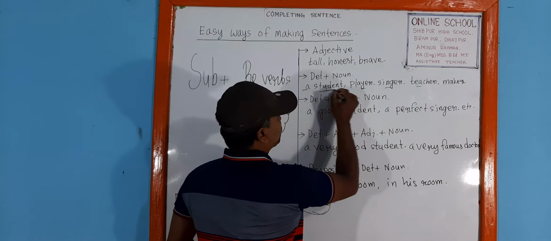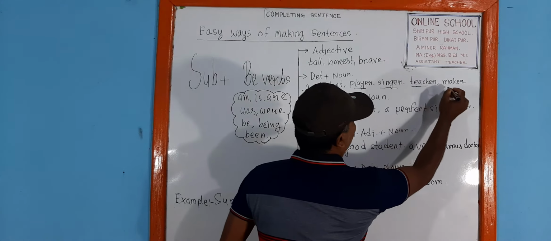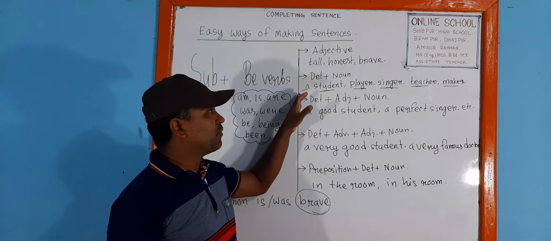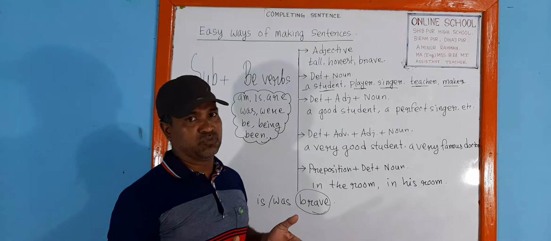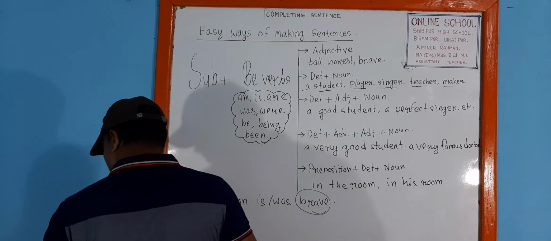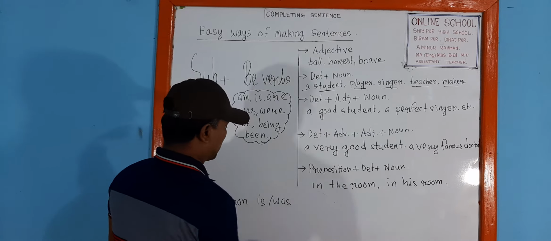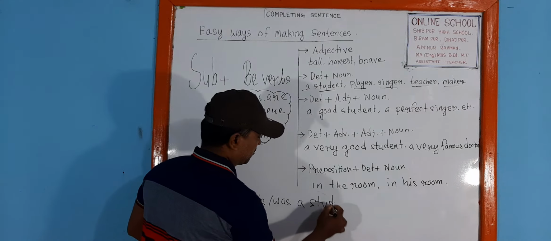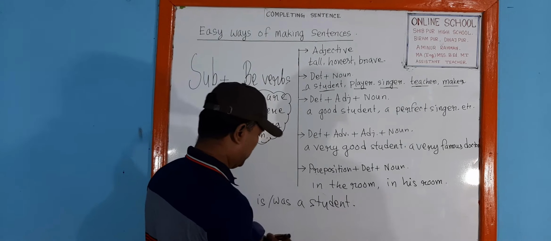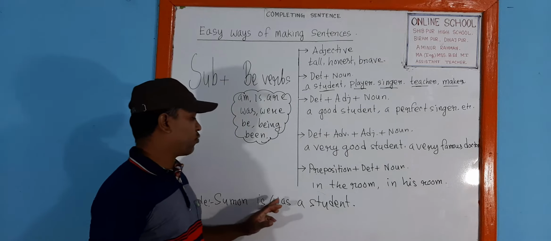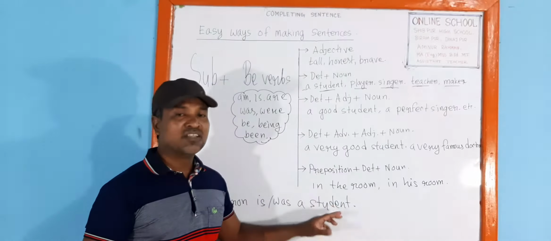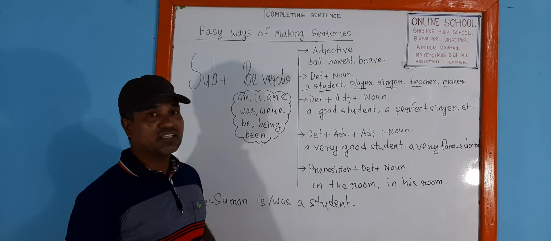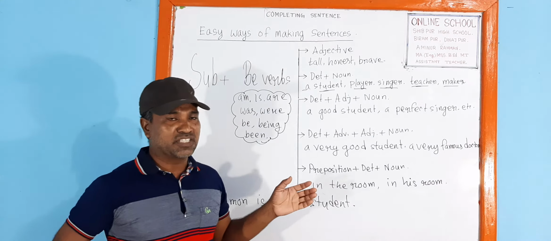These are the nouns. After be verb we can set up this type of noun. Here we can write the sentence: Shuman is or was a student. My sentence will be right. So this is the structure, and using this structure we can make so many sentences.